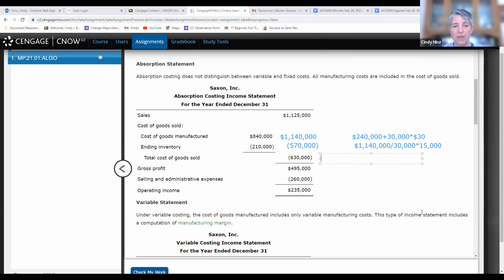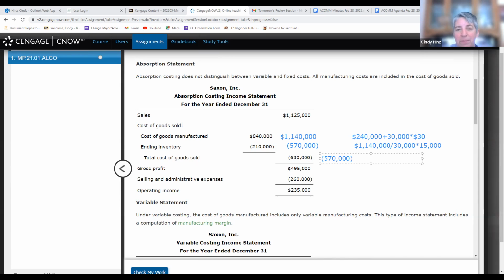And now we just need to recalculate those next numbers. So the total cost of goods sold would be $570,000. So what did we just do?